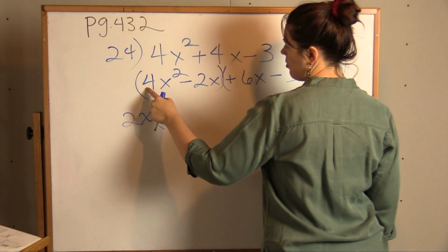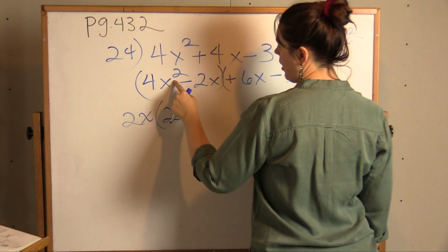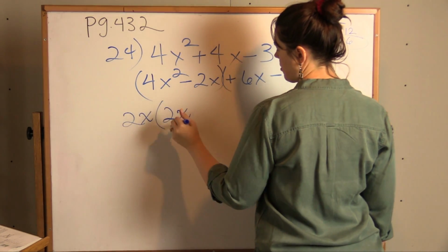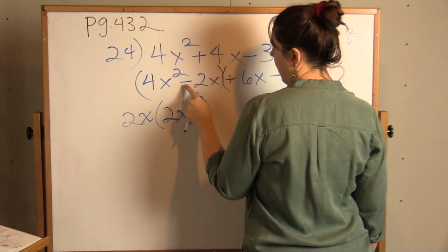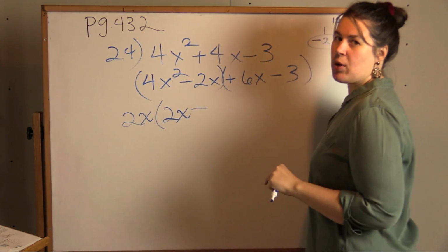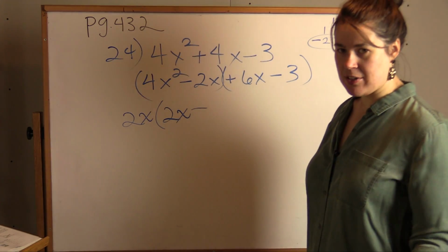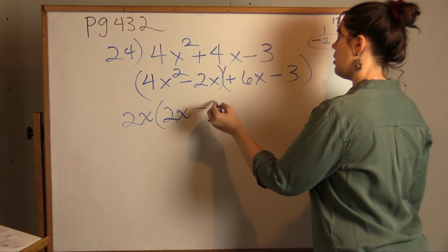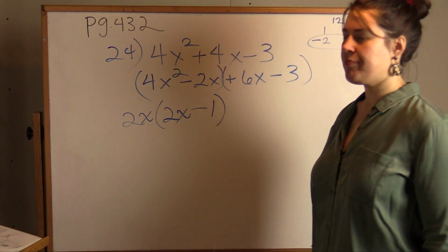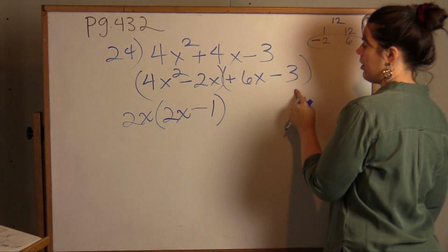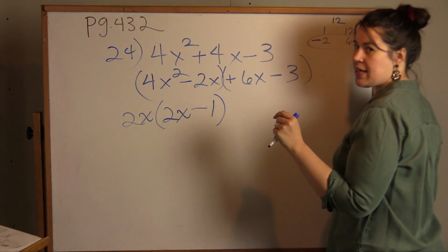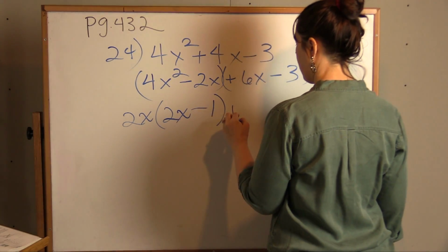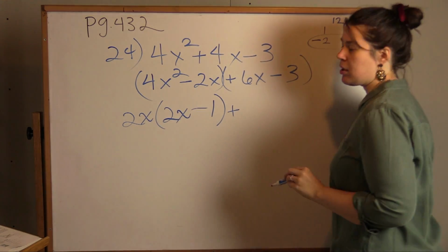What's left behind? 4 divided by 2 is 2. I had 2 x's, I removed 1, so I still have an x. Minus, I had minus 2x and I removed 2x. What's the rule when you remove the entire same factor? You're left behind with a 1. Okay, moving on. Because this is plus 6x, that means I'm going to go ahead and factor out a positive number.